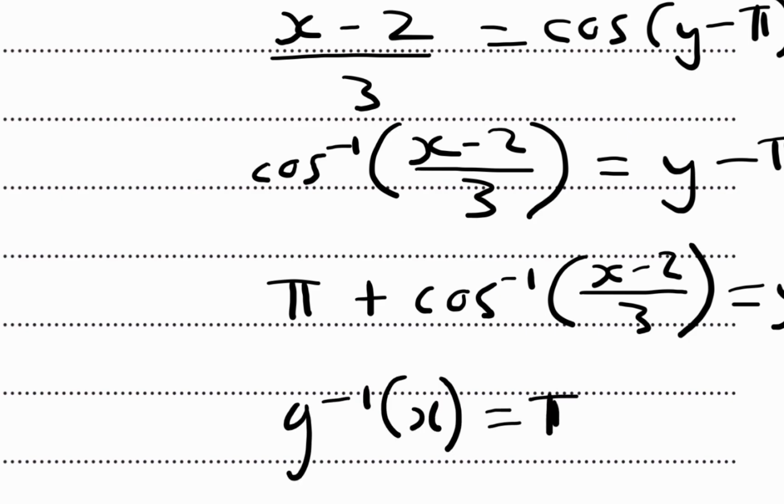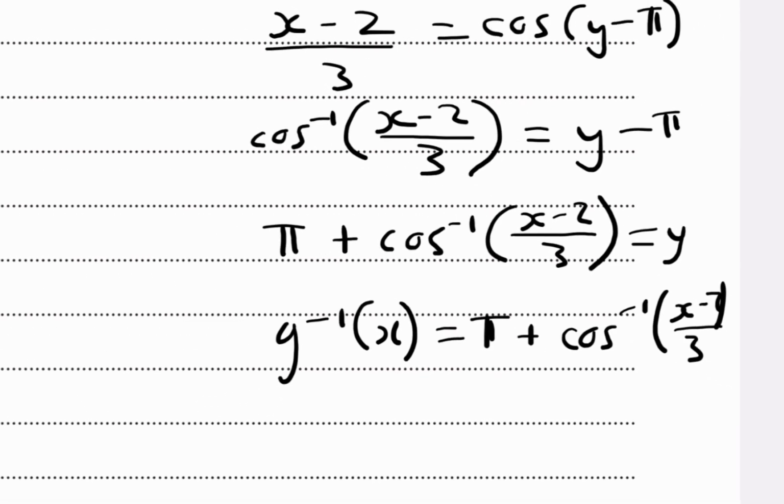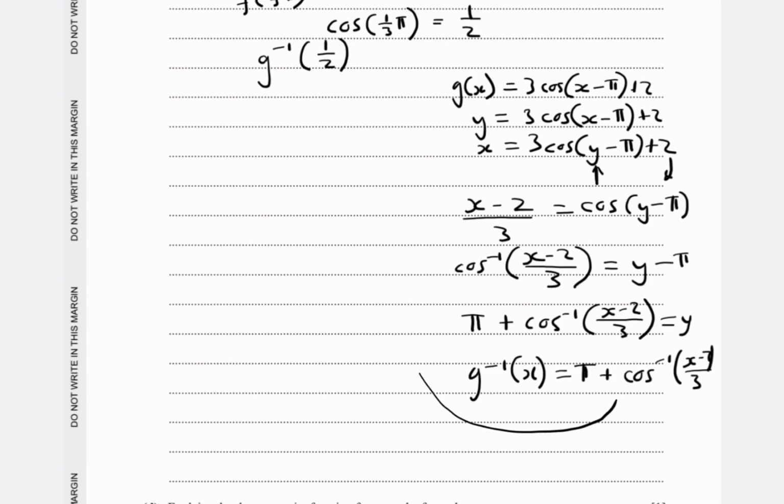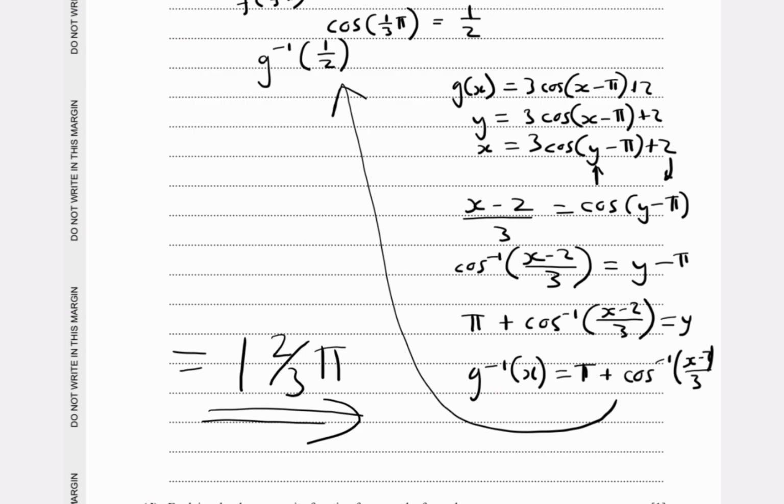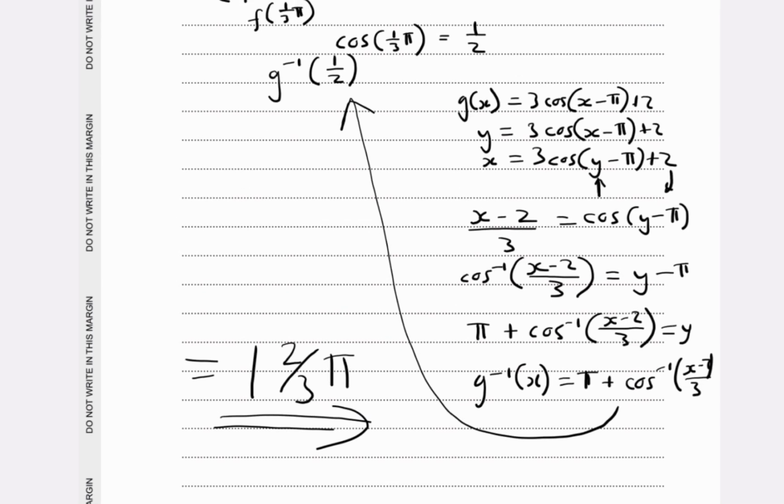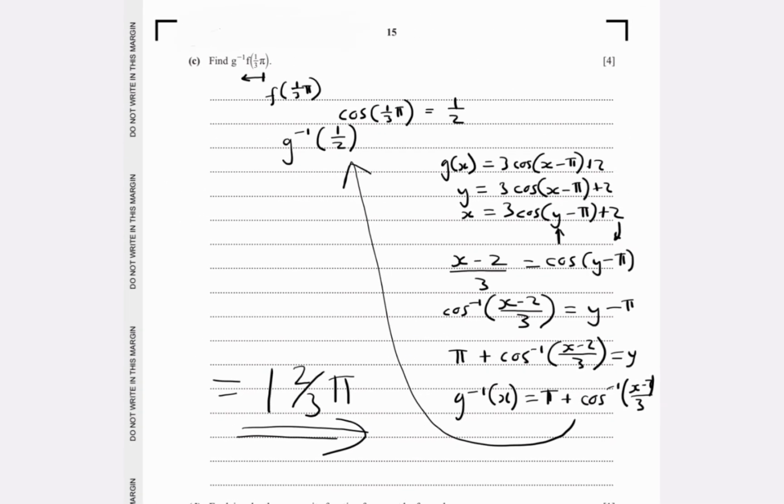It's equal to pi plus arc cos x minus 2 over 3, right? Then in here, we're going to substitute half for x. So it'll be pi plus arc cos half minus 2 over 3. And that will give us 1 2/3 pi, like that, right? You get your 4 marks.